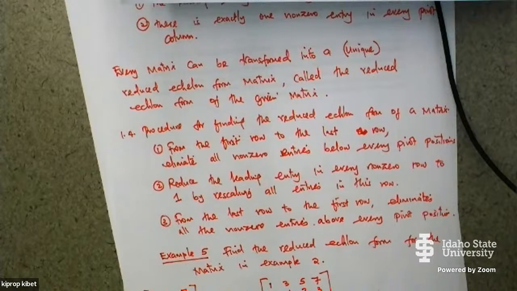Now we want to do step number 3. From the last row to the first row, eliminate all the non-zero entries above every pivot position. So we want to make this one and this one to be 0.